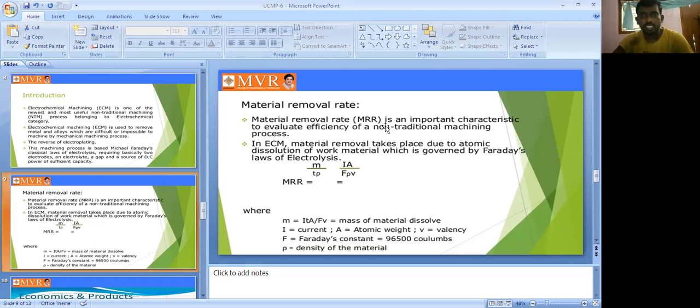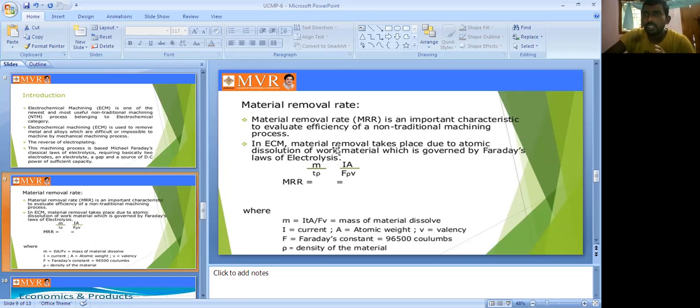So metal removal rate, MRR. In each and every process we have the MRR, very important. It is an important characteristic to evaluate the efficiency of the non-traditional machining process.